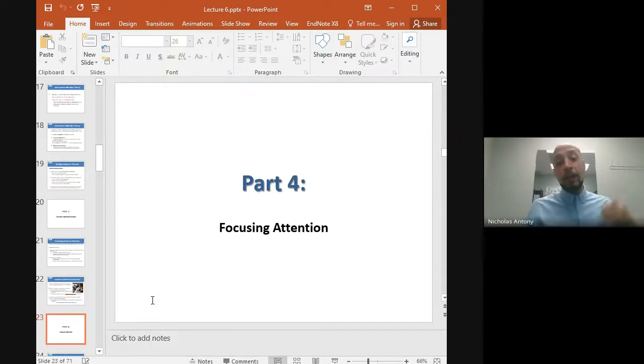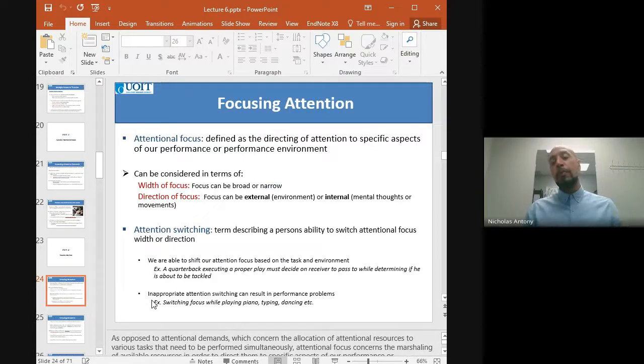So now let's talk about the fact that we can choose how to focus our attention. The process of changing our attention to different areas in the environment, or internally versus externally, is called attention switching. So we can focus our attention on different things, and we can switch that area of attention focus, and that's called attention switching.